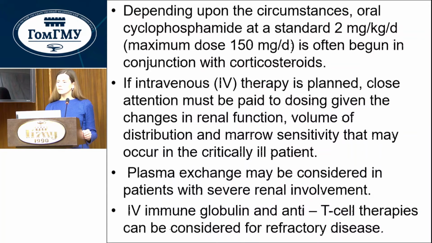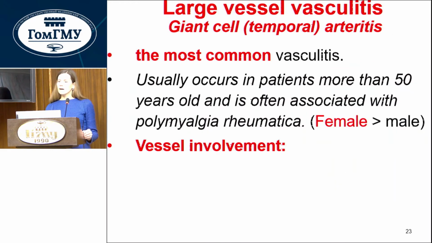Female more than male appearance. Vessel involvement: first of all the aorta and its major branches, with extracranial branches of the carotid artery, involvement of the ophthalmic branch of the external carotid artery, and sometimes it leads to blindness.